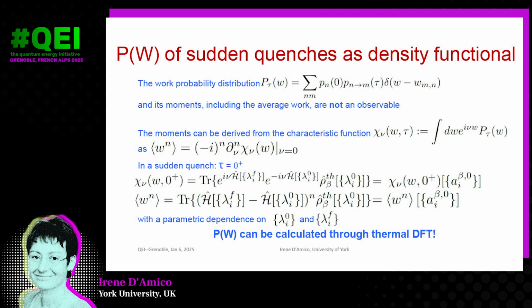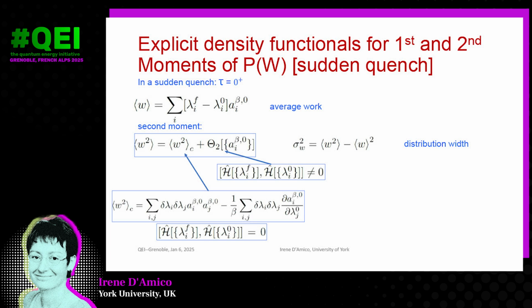And this tells us that we can calculate P(W) through thermal DFT as long as we can express this functional in a meaningful way. So we have done this for the first and second moment of the work distribution. In a sudden quench, the first moment is nothing but this. So it's very simple. This is the average work. And the second moment can be written in this way.